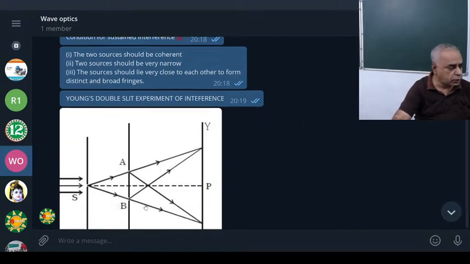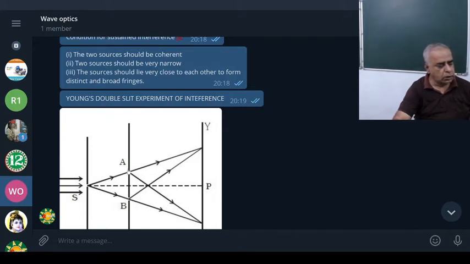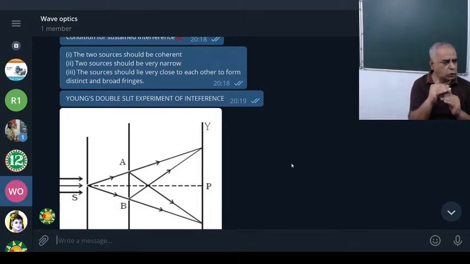So you can consider this diagram. A and B are the coherent sources and the primary source is S. So we treat this double slit as the coherent sources A and B. These two sources should be as close as possible.